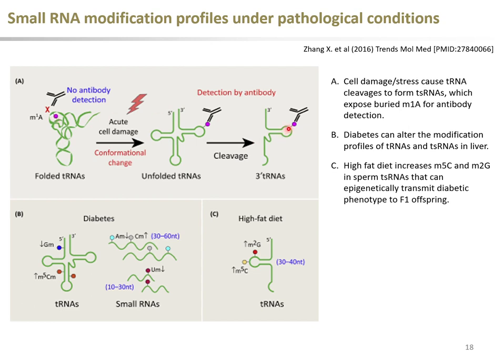Diabetes can alter the modification profiles of tRNAs and tsRNAs in liver, as shown by the up and down arrows. High-fat diet can install m5C and m2G in the sperm tsRNAs that can carry over the diabetic phenotype to the F1 offspring.